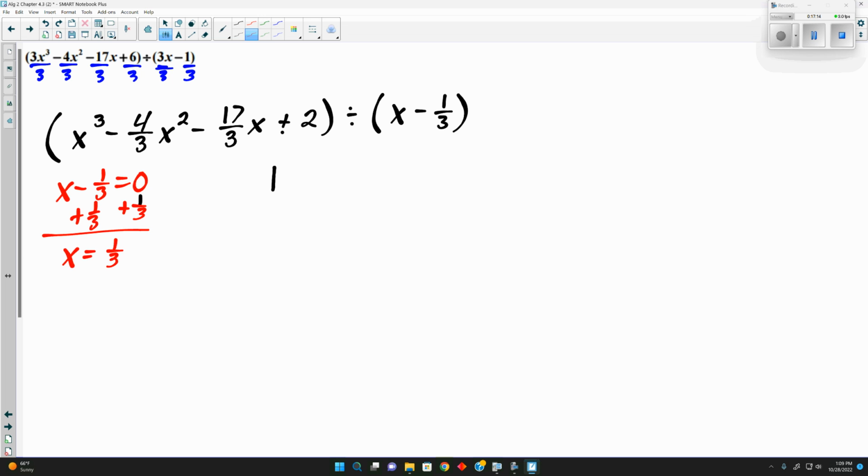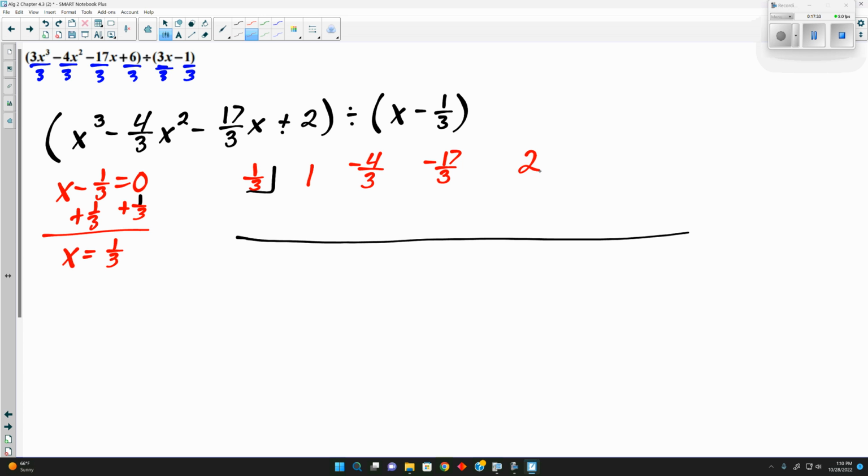So that part stayed the same. Inside the little cubby hole is 1/3. Across the top is going to be 1, negative 4/3, negative 17/3, 2. And here we drop the 1.